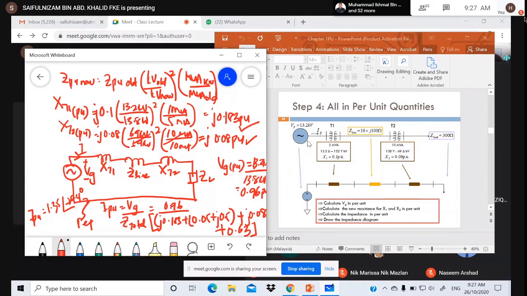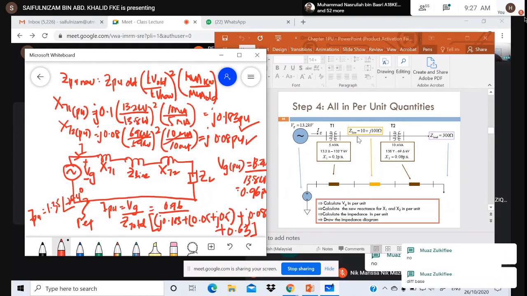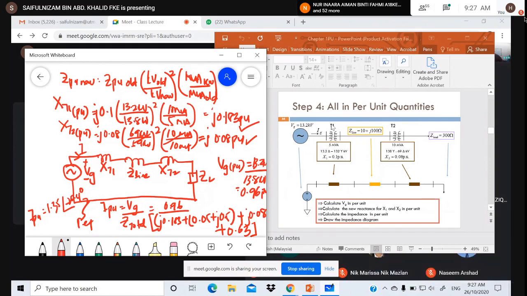The actual current, is it the same? No. Why? Because the base current for the primary and the secondary is not the same, and that's why the actual current will differ.